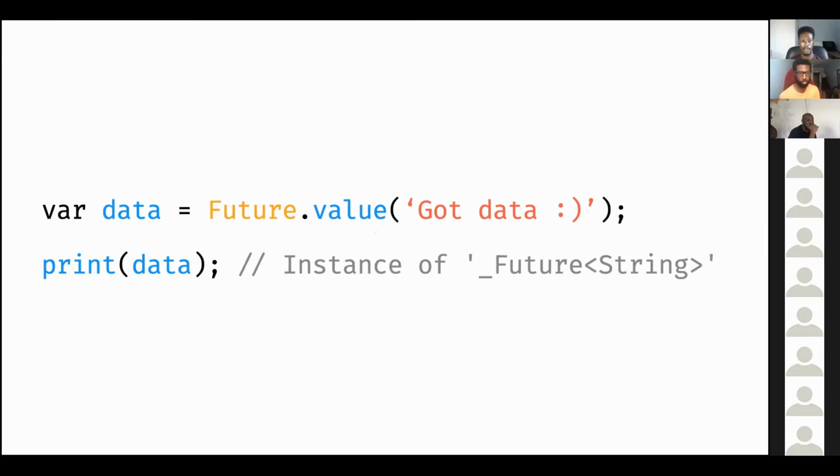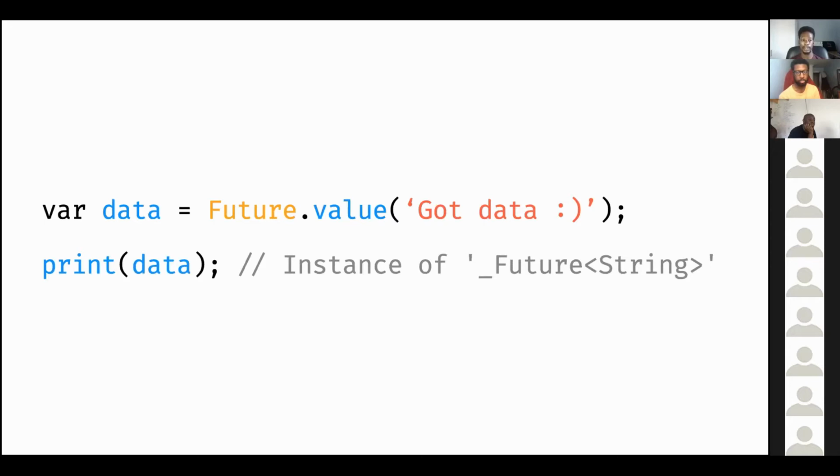But when you attempt to do that, you just get a piece of text that says "instance of Future", and in this case the type is String. The reason why that happens is, like I said, this happens asynchronously. So we need to do something else in order to get the actual value back. In fact, this is equivalent to having your order number or your ticket number.